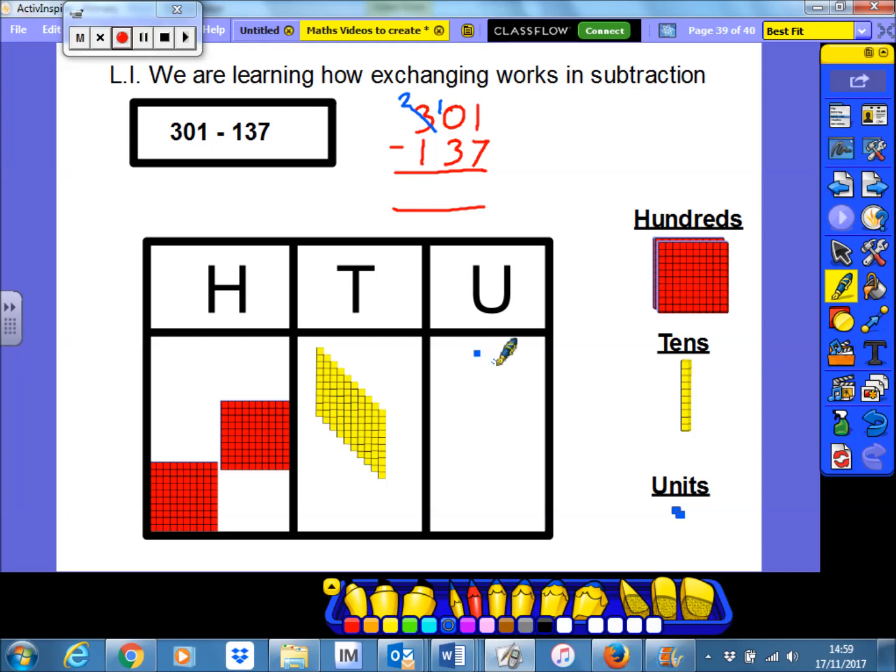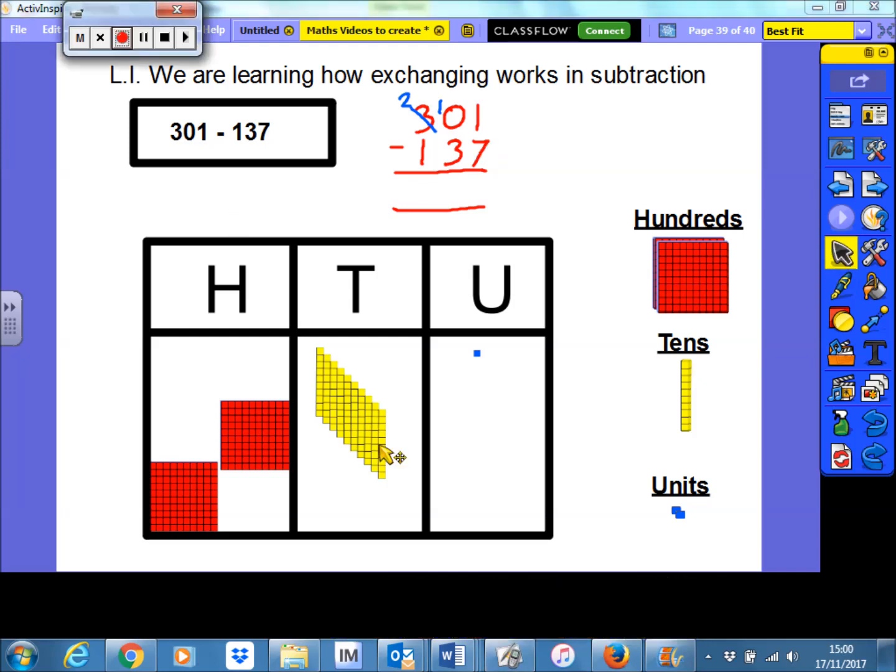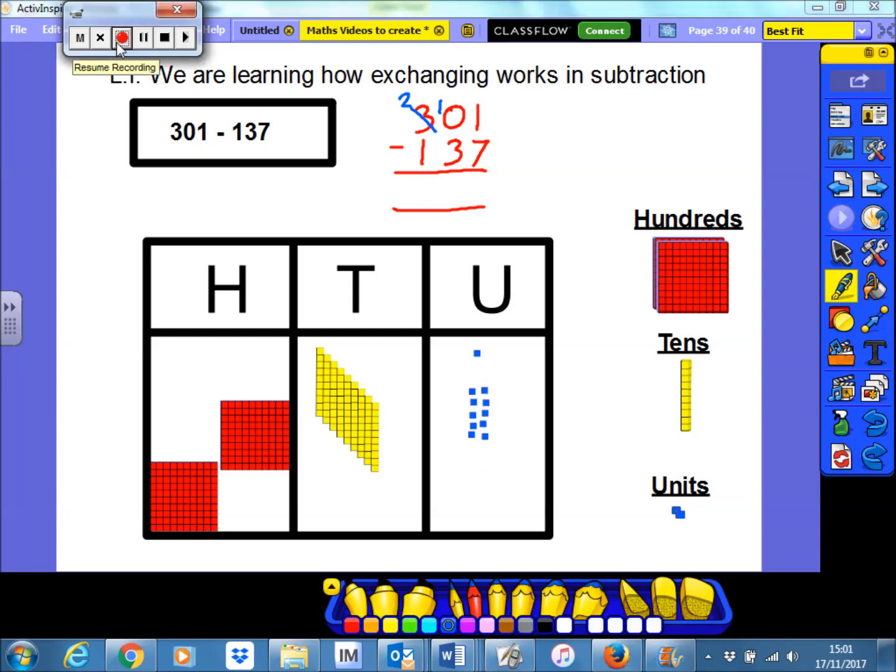But that still doesn't help out our units. We still only have 1 unit here, and we still can't take away 7. So the solution to that is that I take one of the tens and I exchange it into the units column for 10 units. So what we've effectively done is we've got rid of this 10, changed it into a 9.